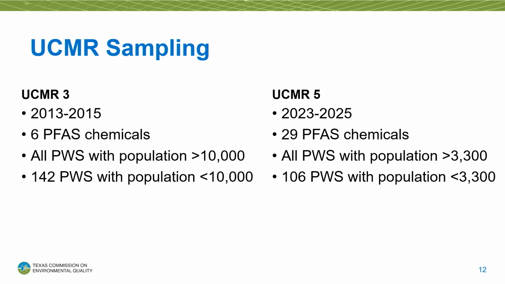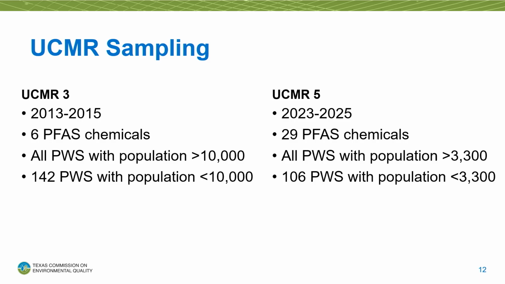For the UCMR sampling, UCMR 3 was again from 2013 to 2015. It contained sampling of 6 PFAS chemicals, and the criteria for the water systems chosen was all public water systems with a population greater than 10,000, and then in Texas they chose 142 smaller water systems with a population less than 10,000 that were required to participate.